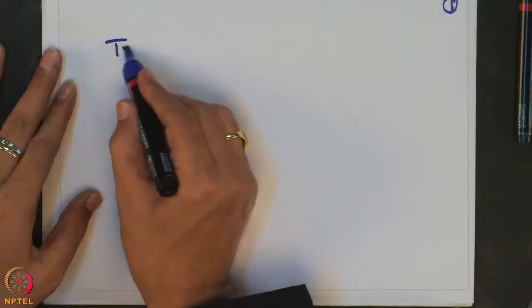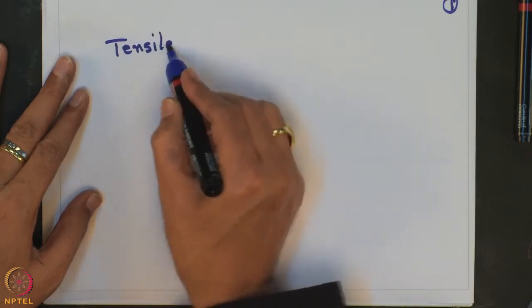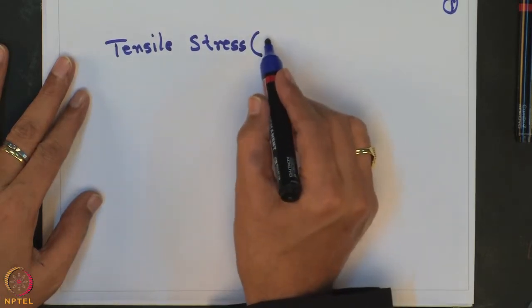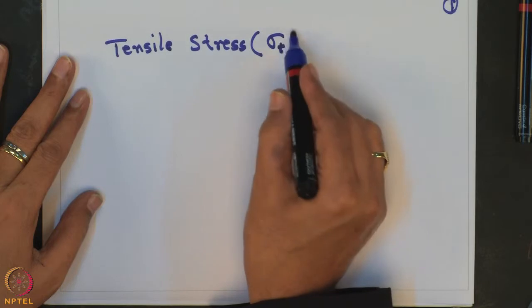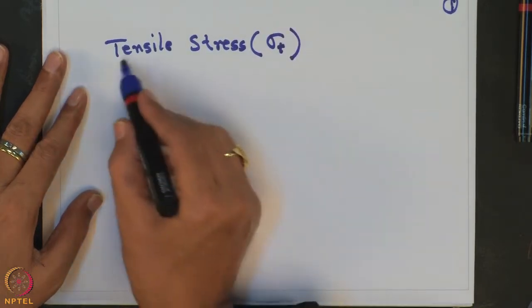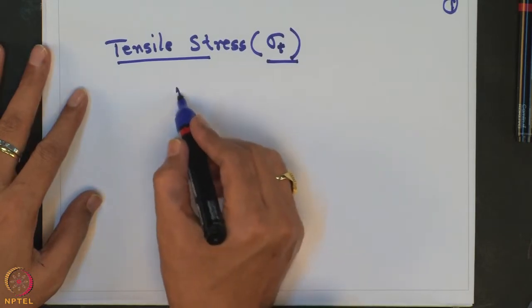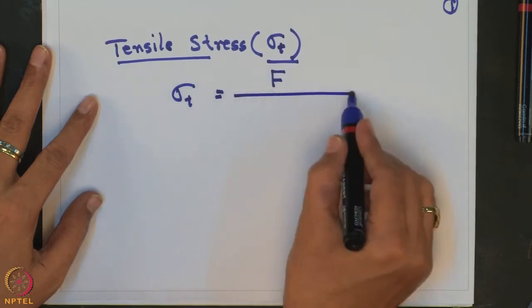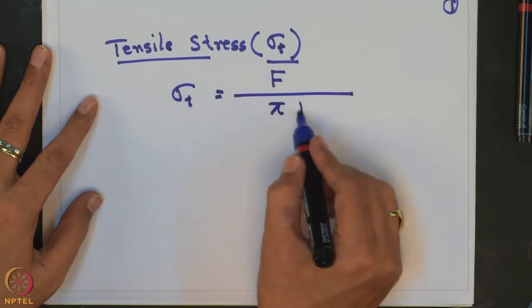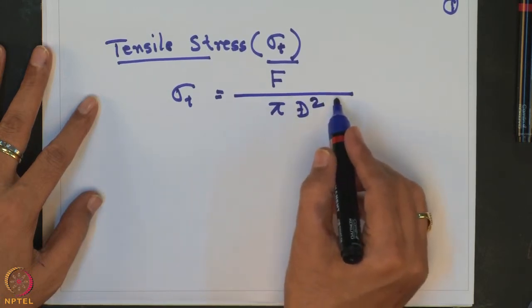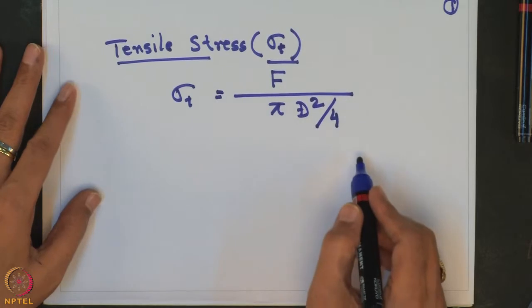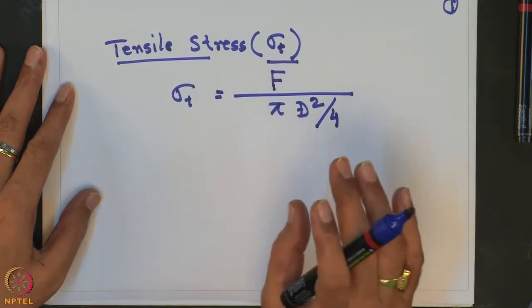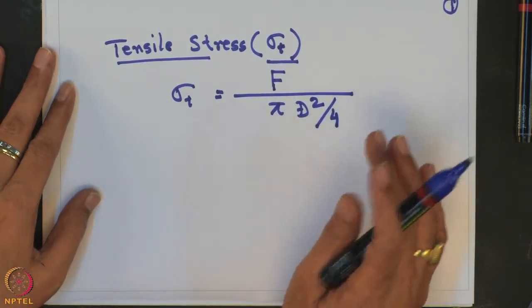So, tensile stress, designated as sigma T, can be written as F divided by pi into d square divided by 4. What is F? F is the tensile force applied on the specimen.